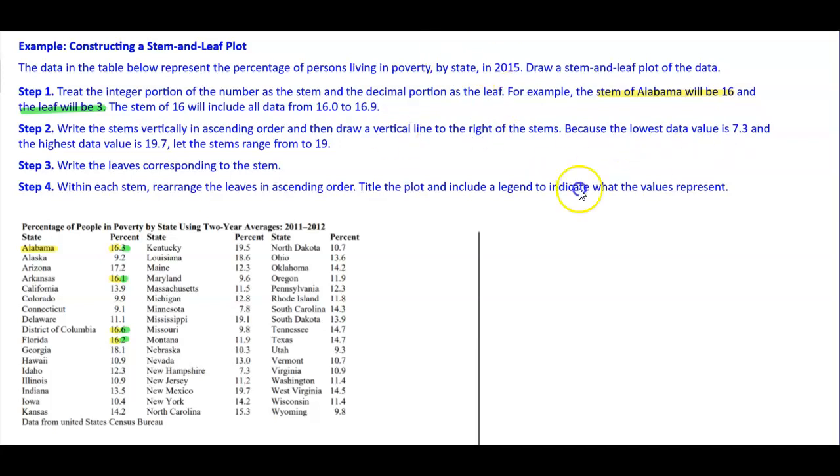The lowest data value is 7.3, which is assigned to New Hampshire, and the highest data value is 19.7.